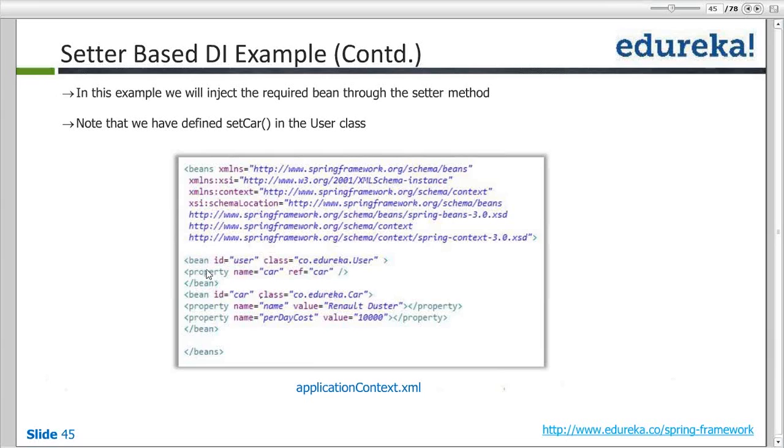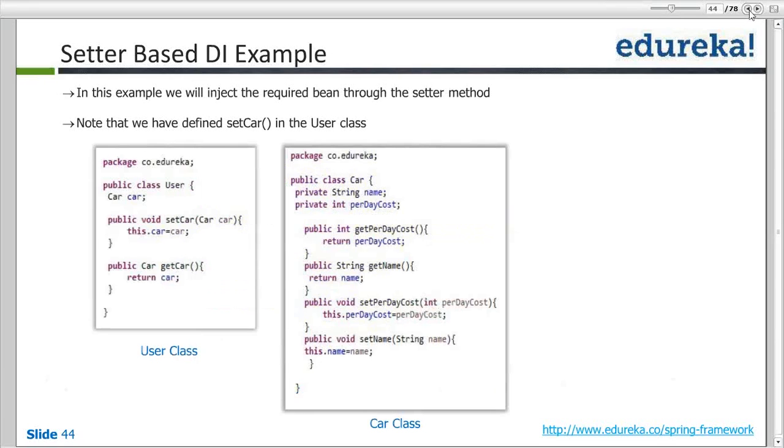So how do we create a bean? You create a bean by using this bean tag with an ID. You can give any value for this ID. So here he has given the ID as user and the class which it corresponds to. Right now, the class which it corresponds to is co.edureka.user.